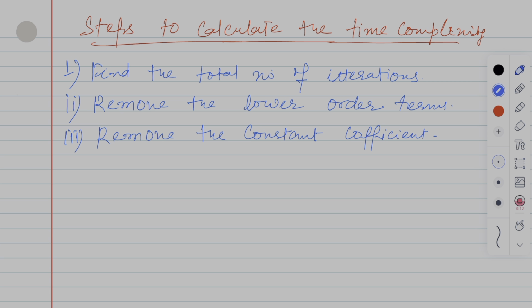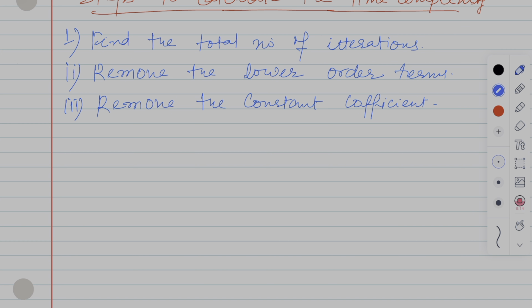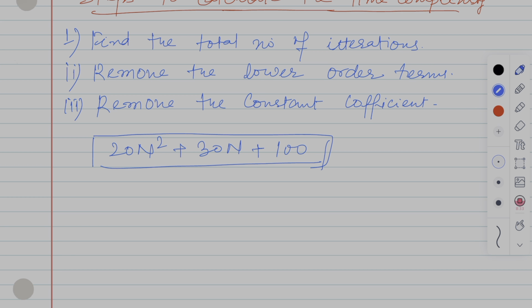So let's take an example of the number of iterations of an algorithm. Let's suppose the total number of iterations of an algorithm is 20n square plus 30n plus 100. Okay. Let's suppose this is the total number of loops that is running in an algorithm.